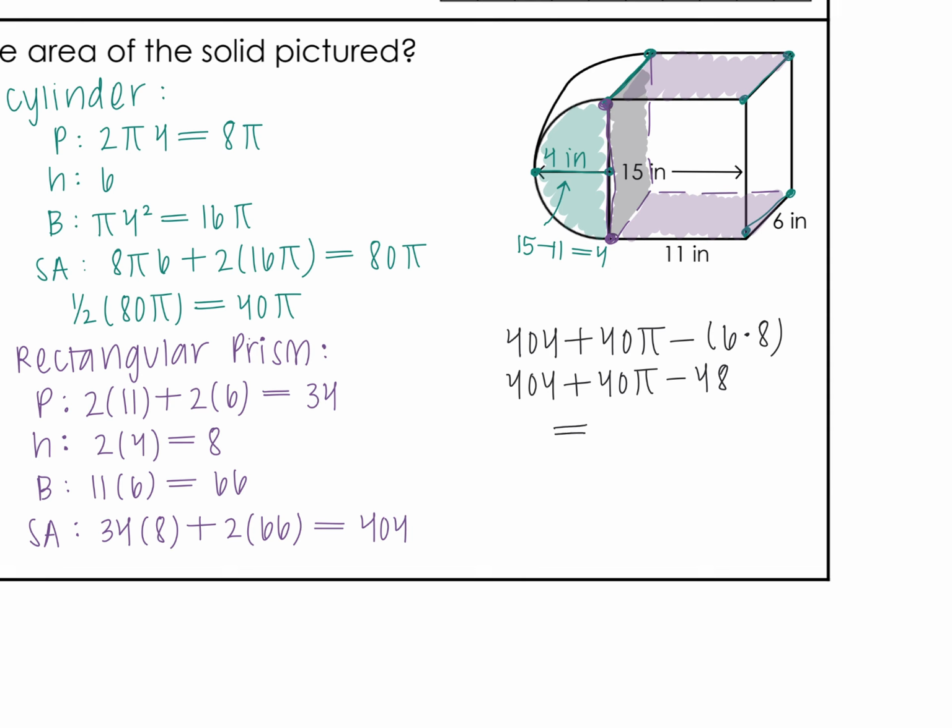And so that will simplify to give us 356 plus 40 pi inches squared. All right, and there you have your total surface area of this composite 3D figure.